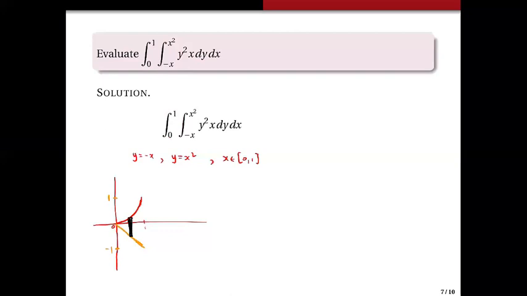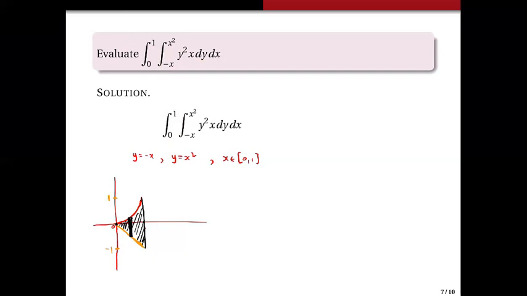And then this strip will move from 0 until 1. Correct? So your region is actually this part here. This is the domain of your integration. Okay?